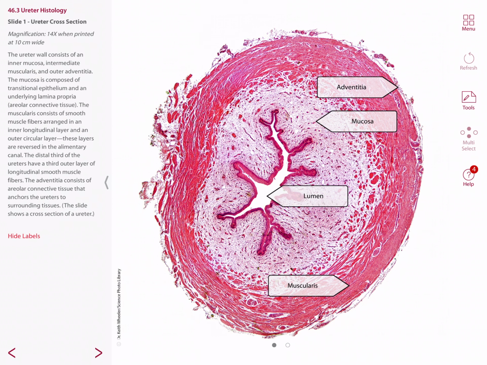So in the first part, you're going to have an inner longitudinal layer of smooth muscle with an outer circular layer. And then when you get to the distal third, you're going to add in a third outer layer of longitudinal muscle.